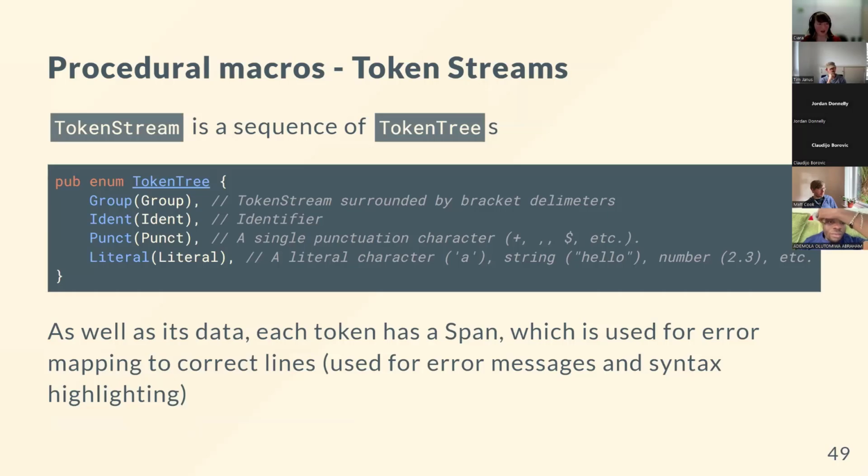It could be an identifier, a single piece of punctuation, or a literal, like a character, a string, or a number. And as well as its data, each token has a span, which is used for error mapping to the correct line. So if you can see where that came from, you can get the span and then say, this is where I want this error to report. But it can also be used for other stuff like syntax context.